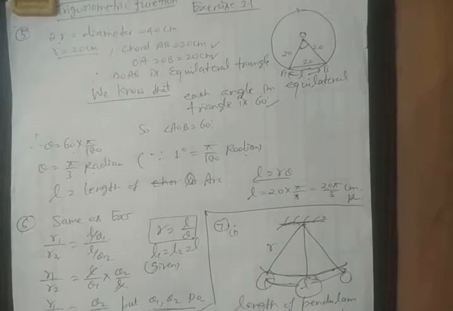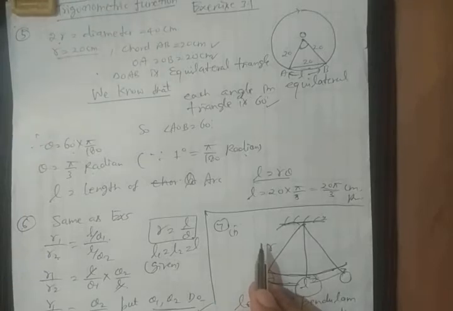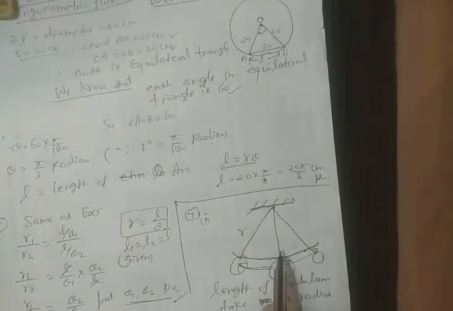Question number 7. Find the angle in radian which a pendulum swings if its length is 75 centimeter. So we make a figure of pendulum.